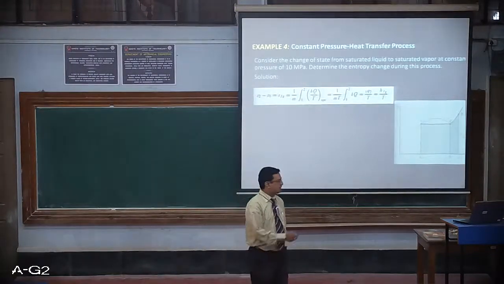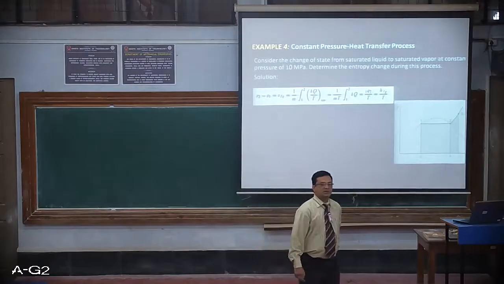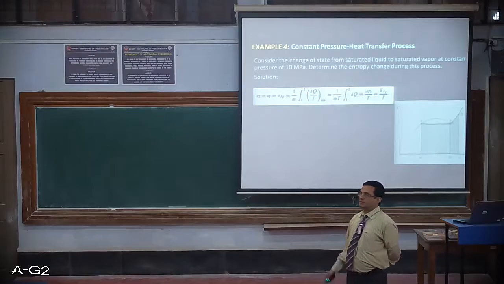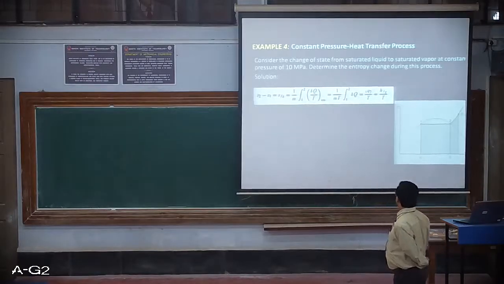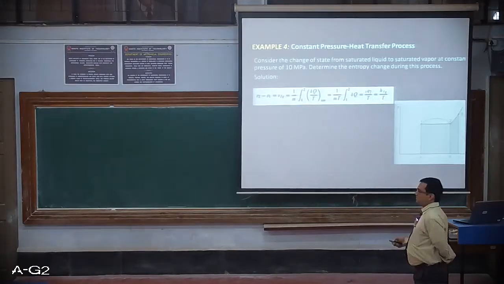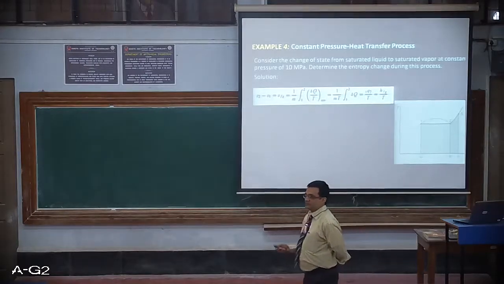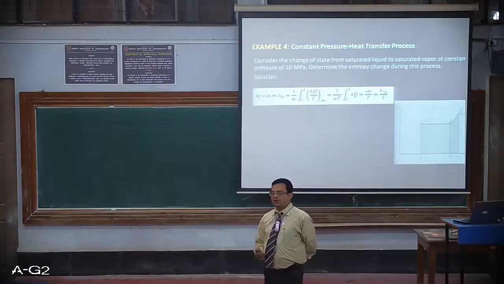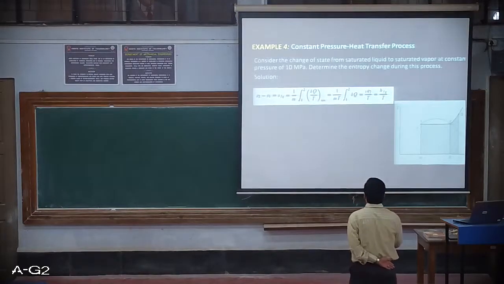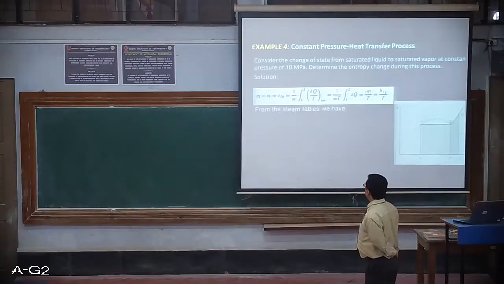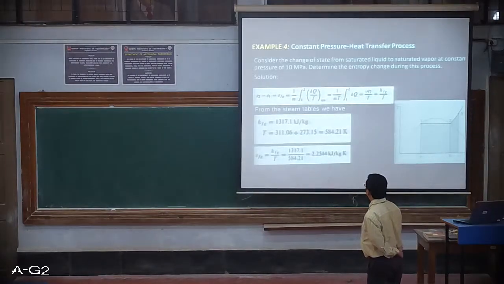One, by directly looking at the property diagrams for a given pressure, how the change in entropy from state 1 to state 2, S2 minus S1, can be equated to S_fg, and by using the concept of h_fg by T, so both are equal, both will give the same result.